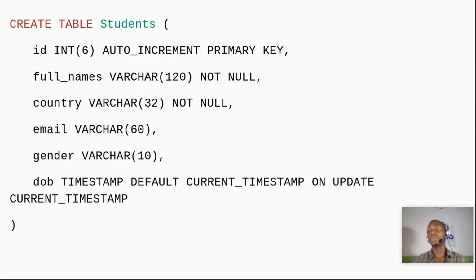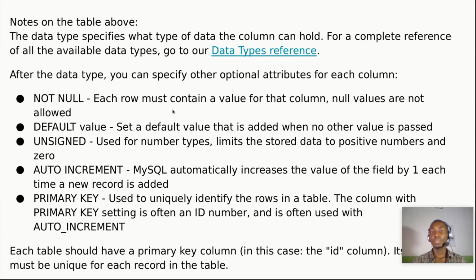The ID is a unique identifier. I will explain this later, but this is the syntax to create a table. And you should take note of some keywords that we use here. We use auto increment, we use primary key, we use not null, and so on, which I'm going to dive into.